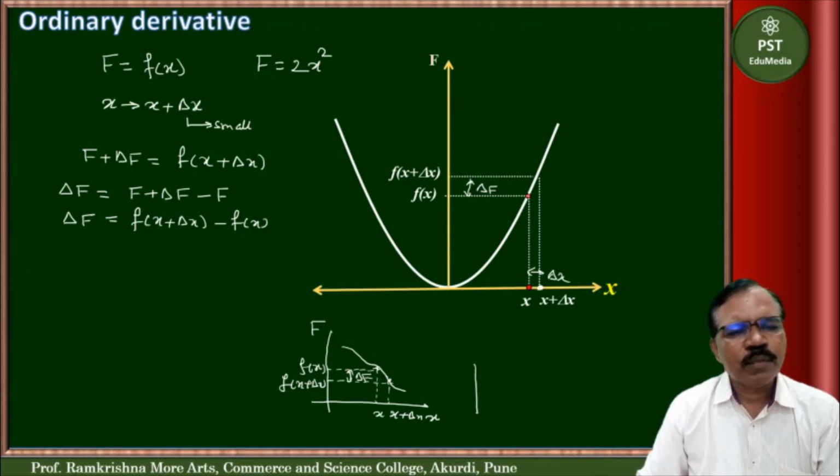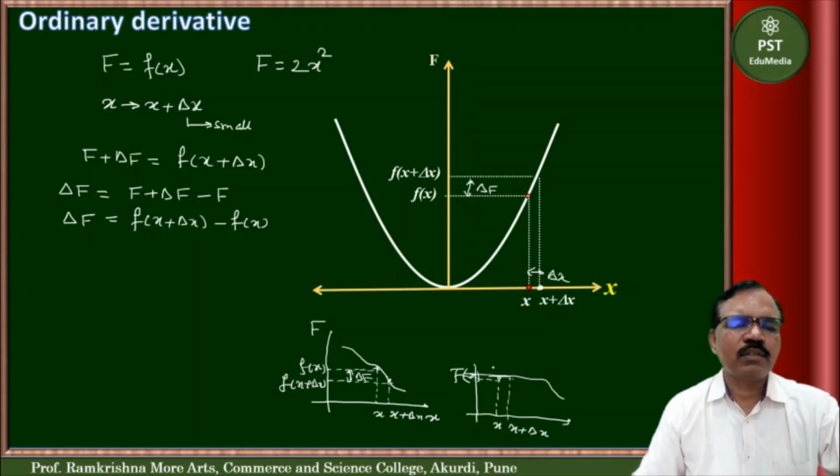Or suppose we have a function like this. And suppose we take x here and x plus delta x here, then you will have the same value of function here. That is, f of x and f of x plus delta x will be the same. Here delta f will be 0.